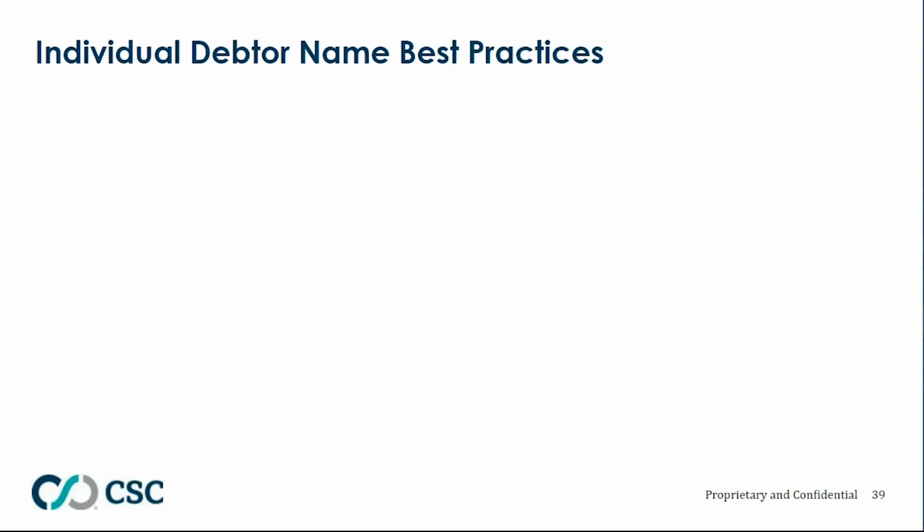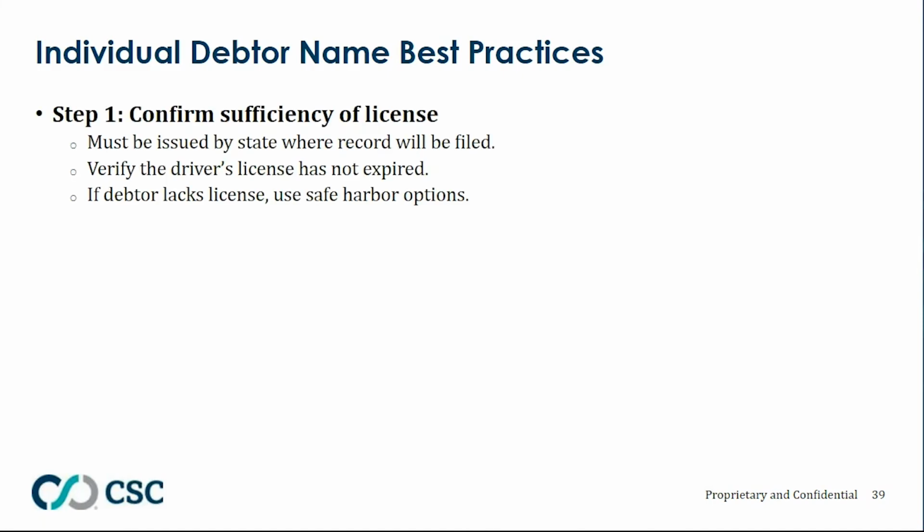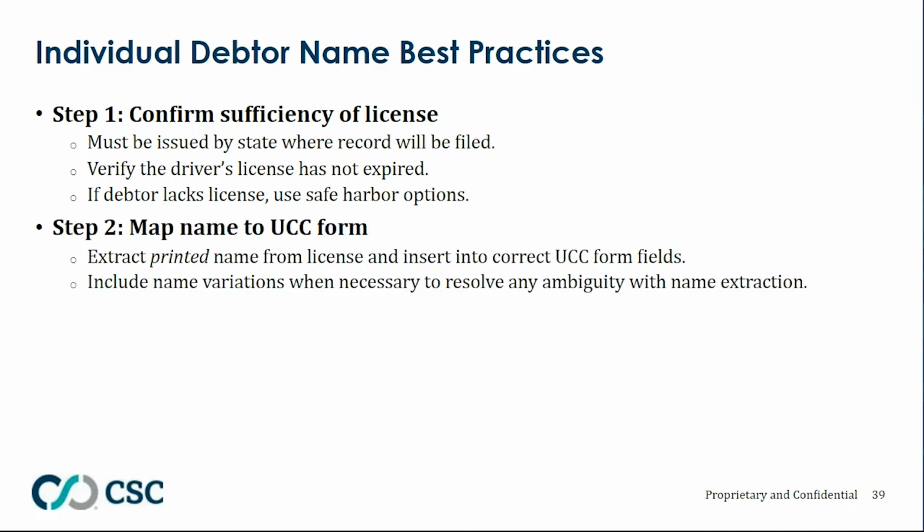So when it comes to individual debtor names, best practice: you start by confirming that the driver's license is issued by the state where the record will be filed, and verify that it has not expired. If the debtor doesn't have one, use the safe harbor options. Step 2, correctly map the name to the UCC form.